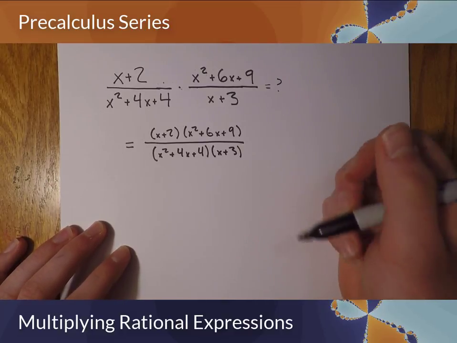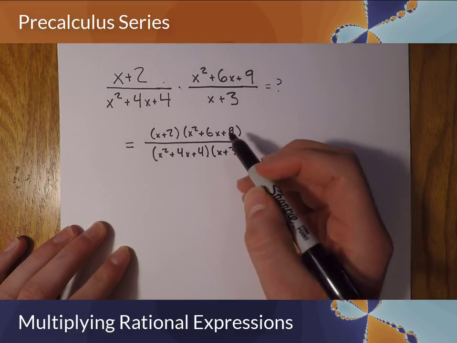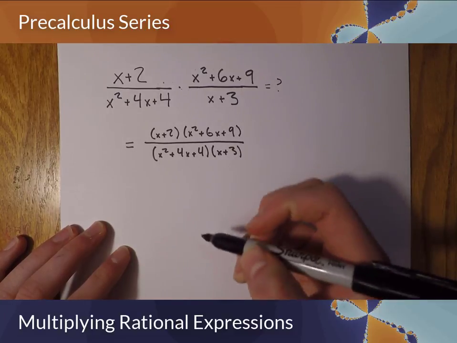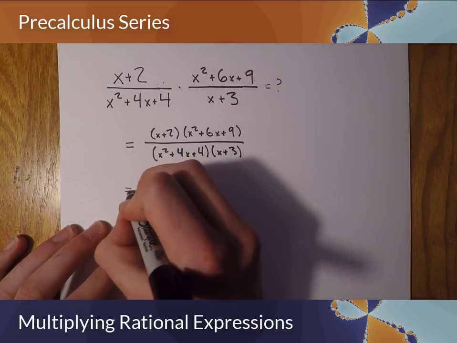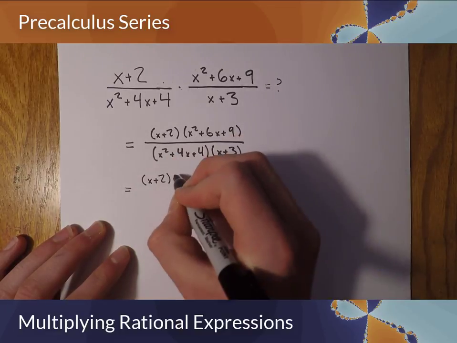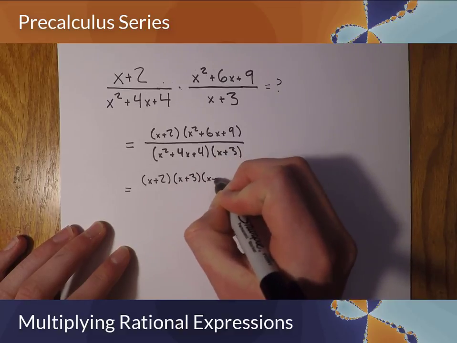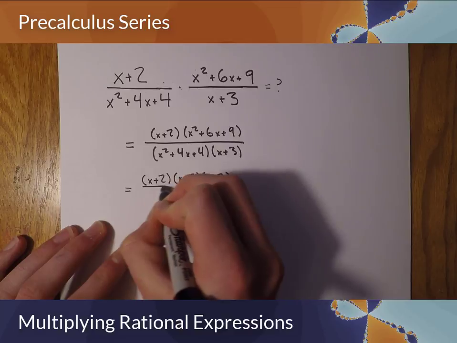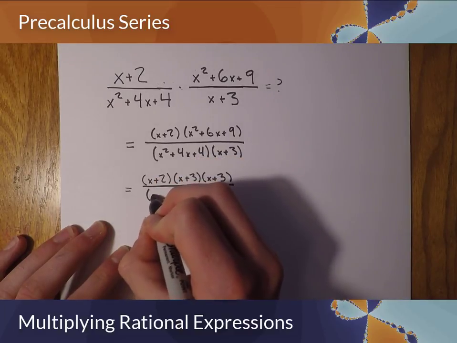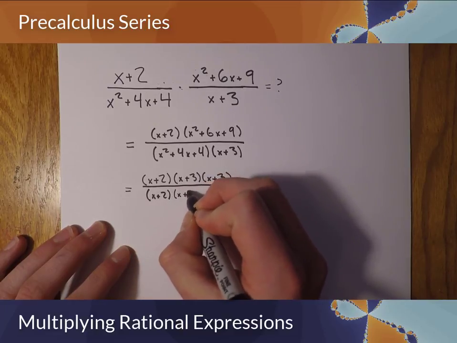Now, we could expand this. However, it's easier to leave it like this because with multiplication, we often can find some really easy ways to simplify this down. So we can rewrite this as x + 2 times, factoring this quadratic, (x + 3)(x + 3), over, factoring the quadratic on the bottom, (x + 2)(x + 2).